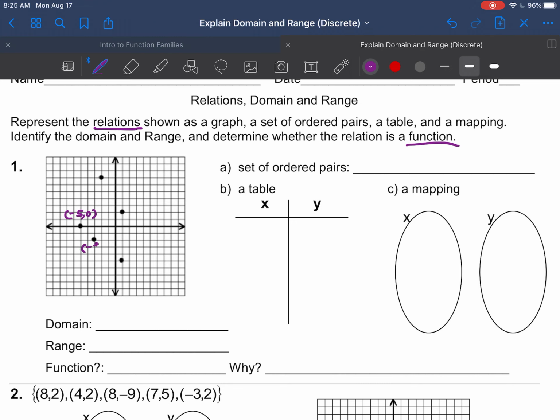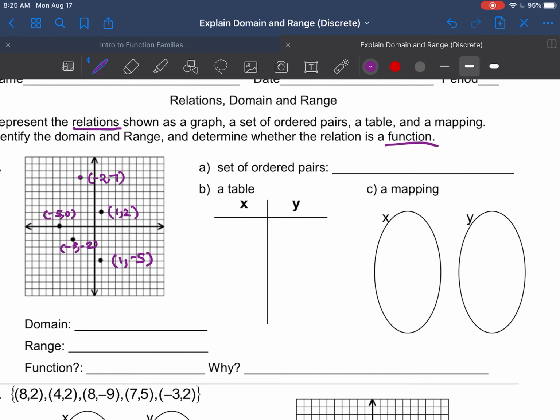Here we have -3, -2. Here we have 1, -5. I gotta count. Here we have 1, 2. And then way up here we have -2, 7.